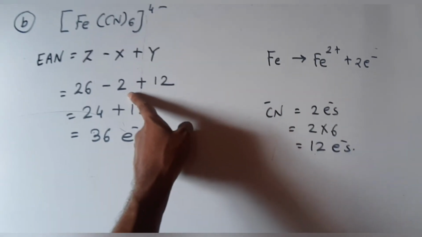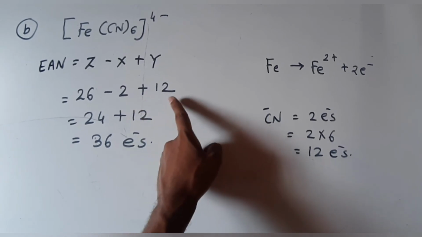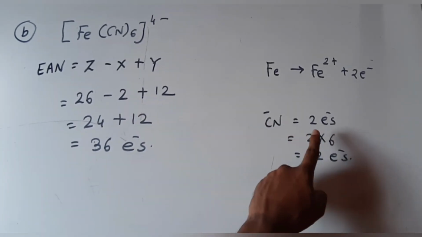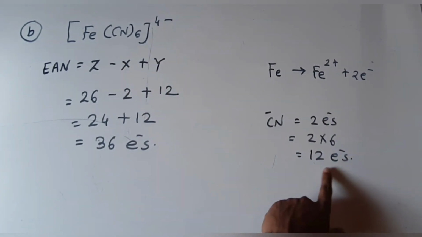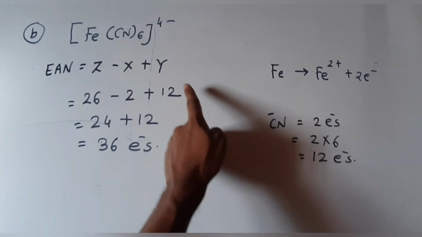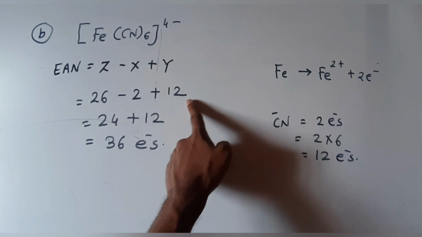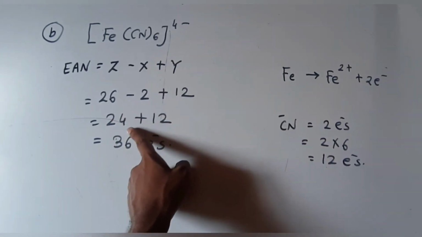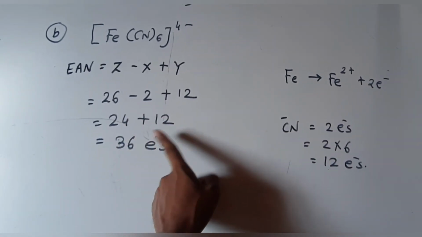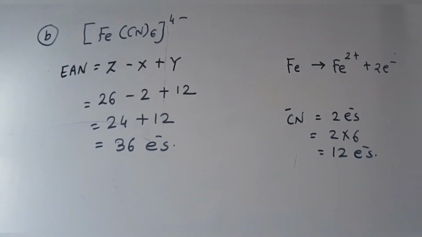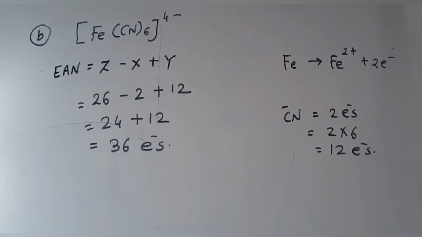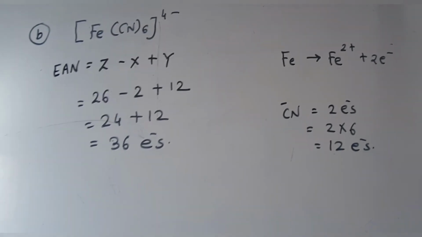So therefore X value is 2, and one cyanide ion donates 2 electrons. Here 6 cyanide ions are there, which donate 12 electrons. So therefore value of Y is 12. So 26 minus 2 is 24 plus 12, so that is equal to 36 electrons. So that means this complex ion is also following EAN rule.